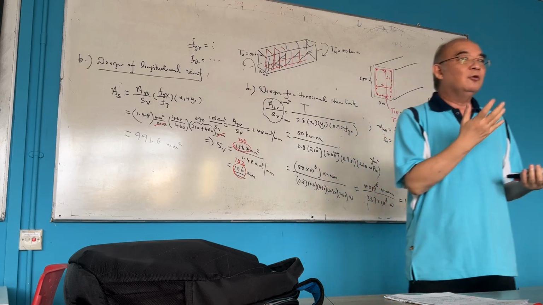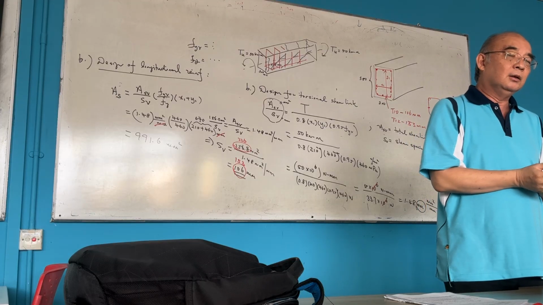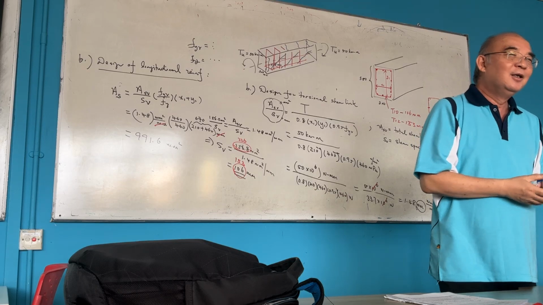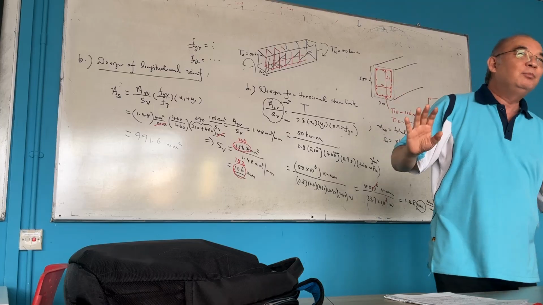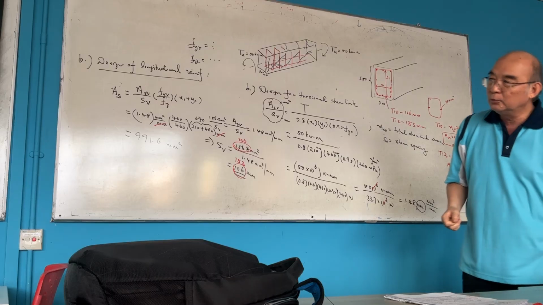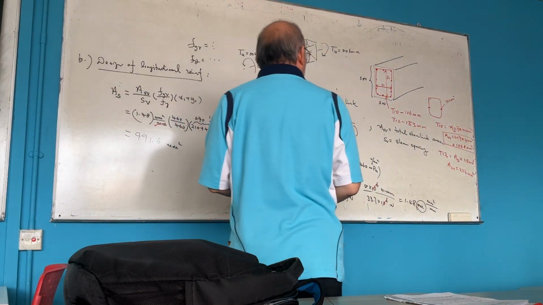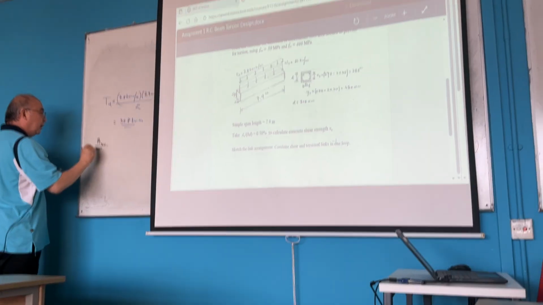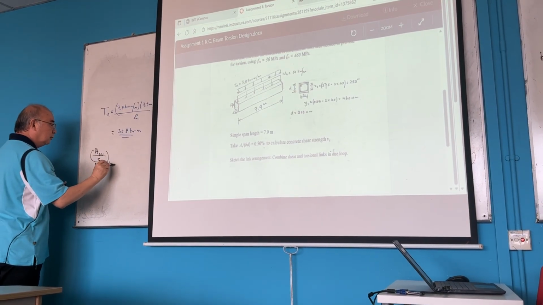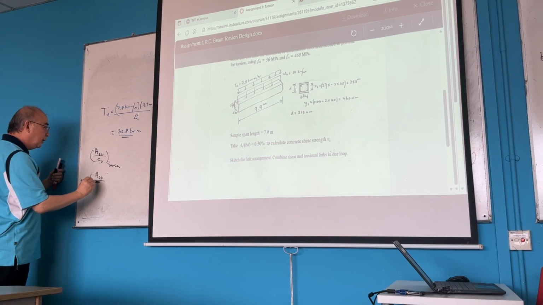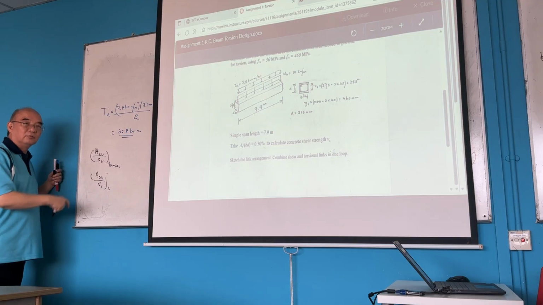Now, how to design for vertical shear? You still remember or not? I don't know. Actually I plan to complete this: we have to combine the vertical shear and the torsion. Let's say I calculate the ASV over SV for torsion based on that formula, and I also have ASV over SV for shear, which also has a formula.